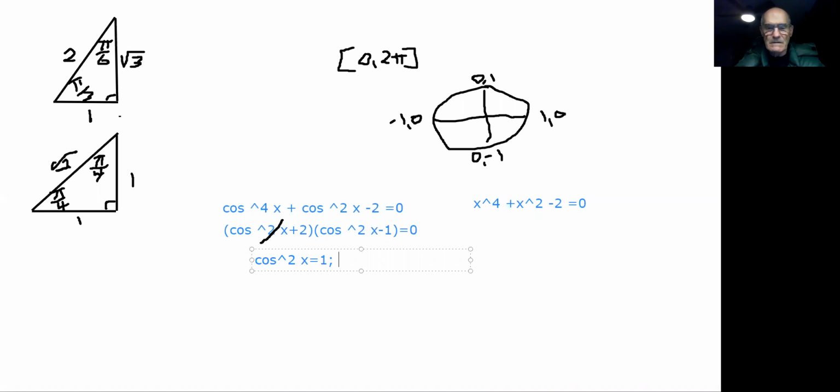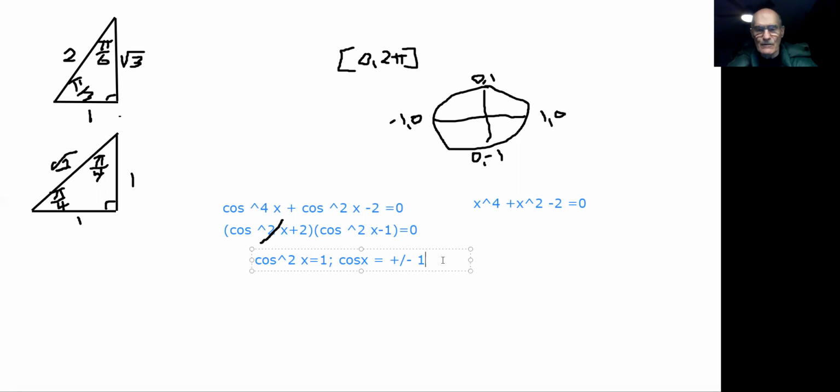So that means cosine x equals plus and minus 1.